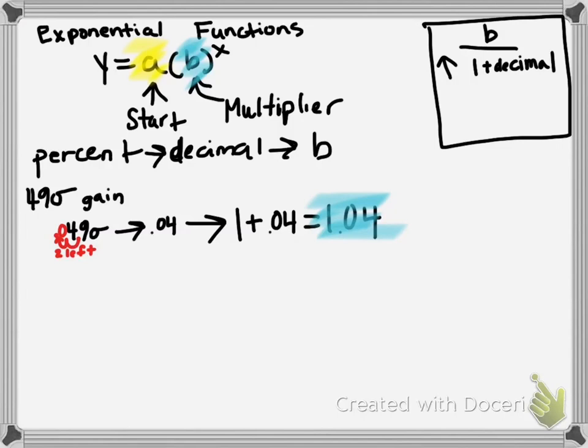Okay, let's try one more. Let's do a 17% appreciation. Appreciation is another word for gaining value. Like classic cars appreciate, collections usually appreciate. It means they're being worth more as we move along.